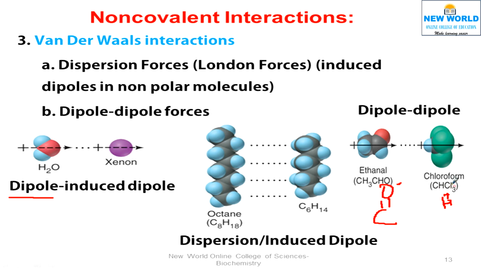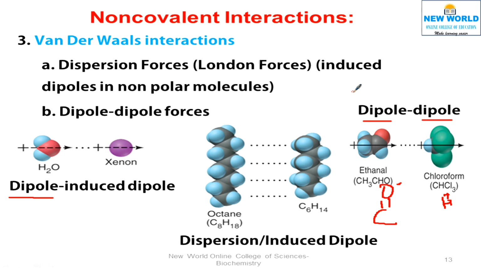The three chlorine atoms are highly electron withdrawing. They withdraw electrons from the carbon. Okay, and to balance, the carbon will also withdraw electron density from hydrogen, so hydrogen remains slightly positive. So this attraction comes. Okay, it's much weaker than hydrogen bonding, but it's a dipole interaction, a van der Waals forces interaction.